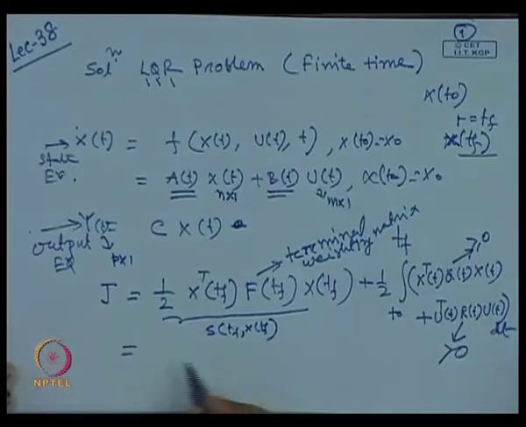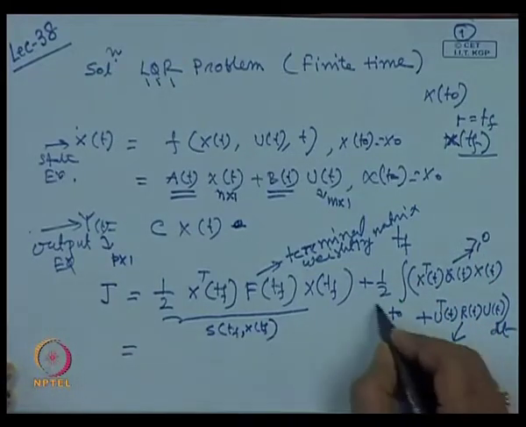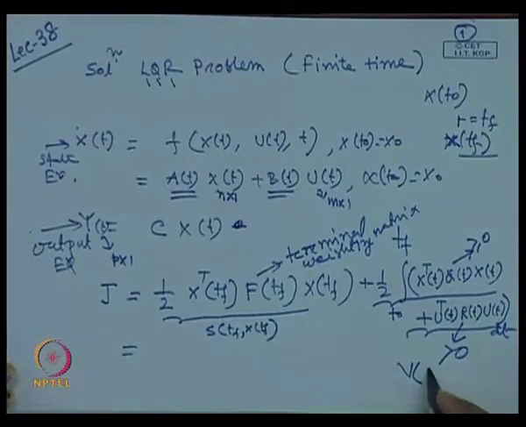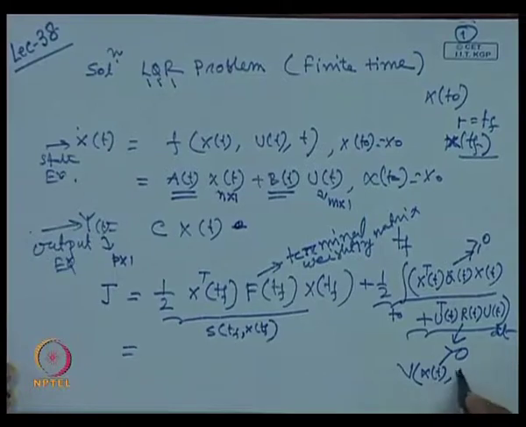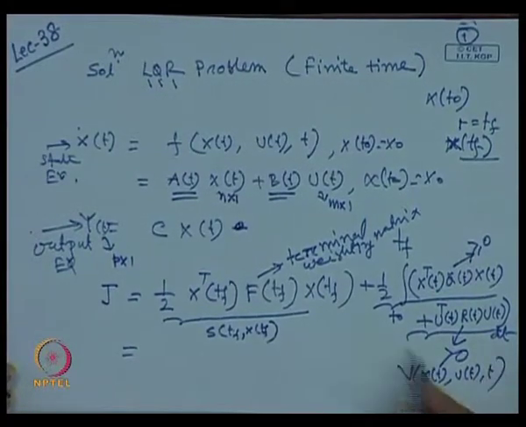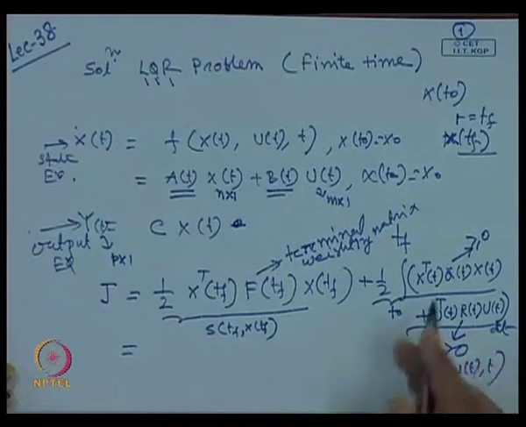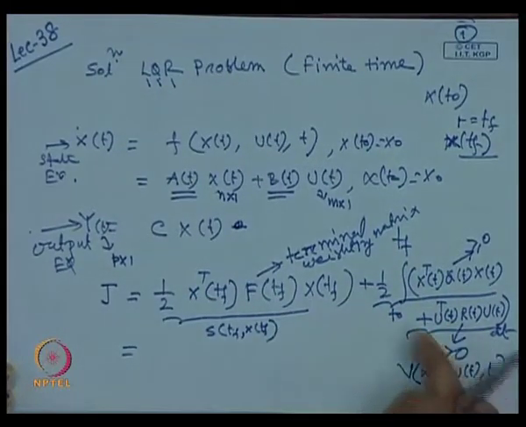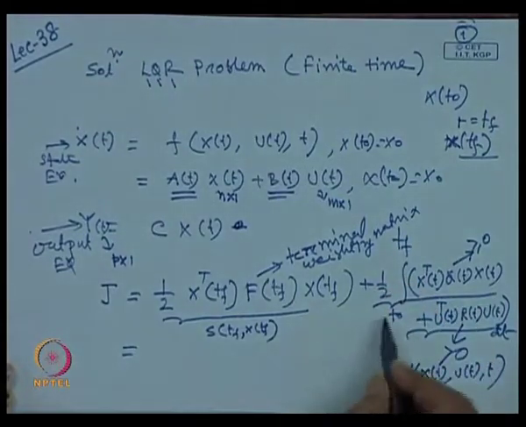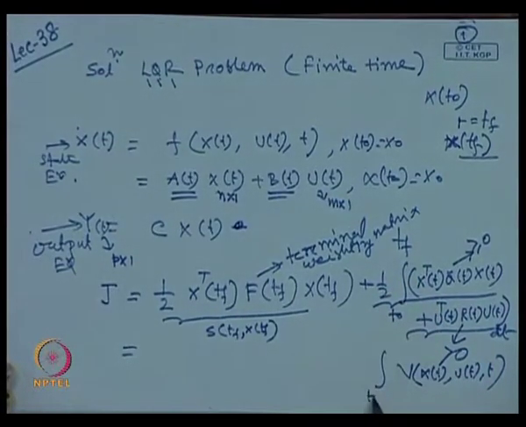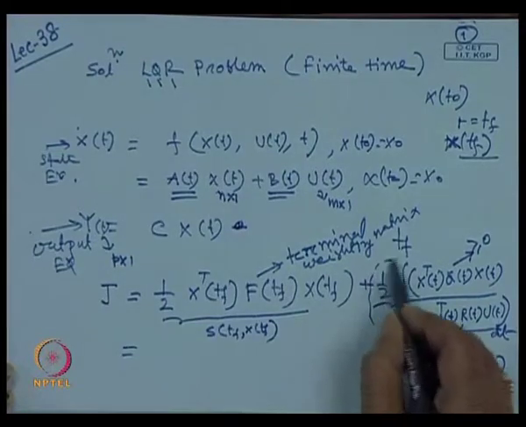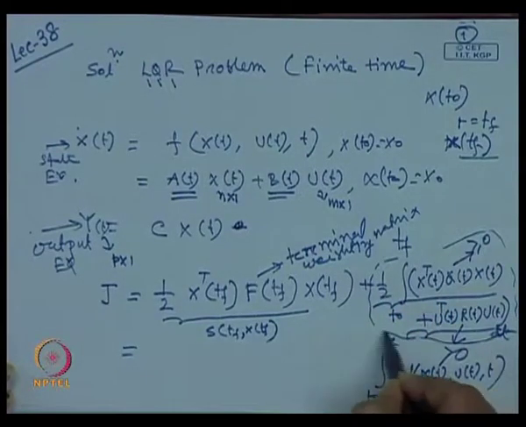So, we can consider that whole part, from here to here, as V, which is a function of x of t, u of t and t, including the half, as per our usual notation. So, this part is the integrand part, and this whole thing, integral t 0 to t f, will be replaced by that only.